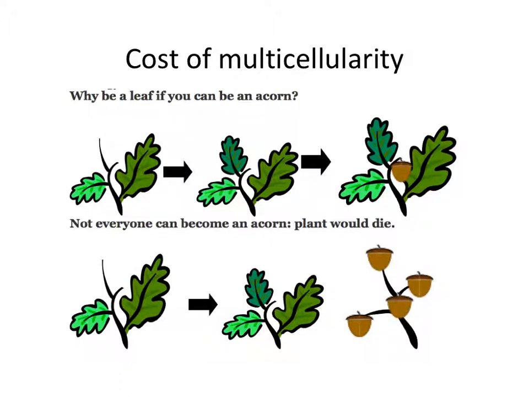Hence this slide. If the plant's sole purpose was reproduction, then it would make all of its tissue gametes, fruits, basically. But then there would be no plant. It would just be all fruit, and the plant would die, and then the genes wouldn't get transmitted to the next generation. So there's, again, this concept of a trade-off.